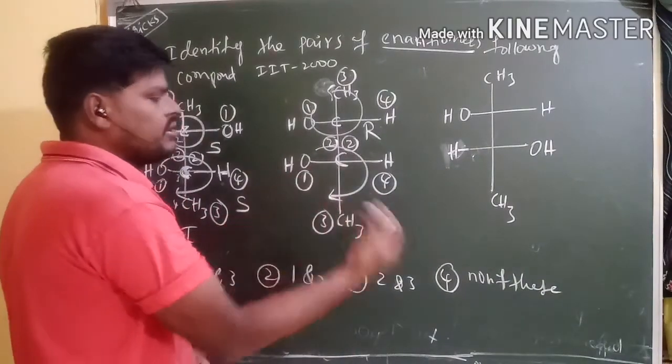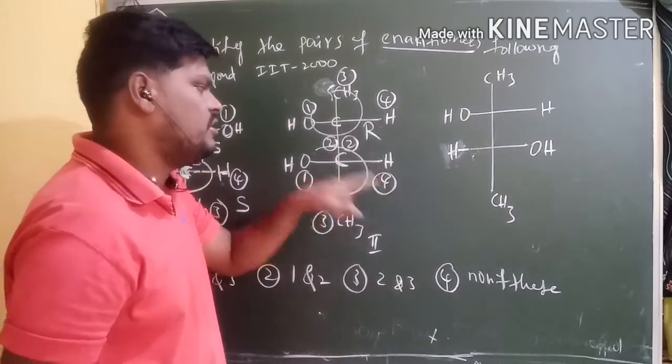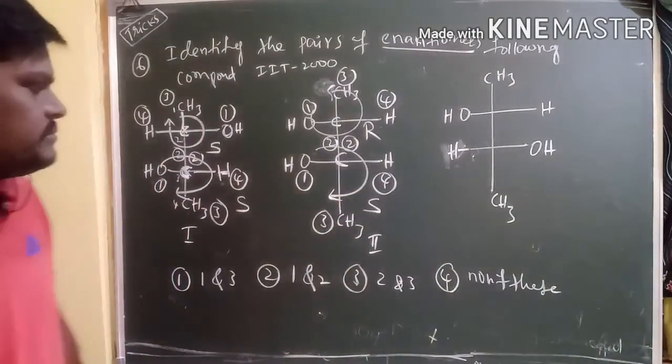But the least priority is on the horizontal line, so take the opposite configuration: S configuration here.